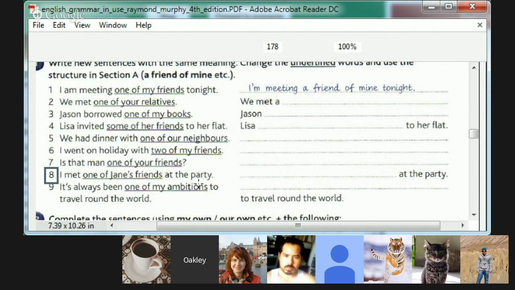I met one of Jane's friends at the party, right? Right, okay. And now we're going to convert it to use a phrase like a friend of mine, okay, a relative of yours, a book of mine, all right, a friend of Lisa's, whatever. All right?